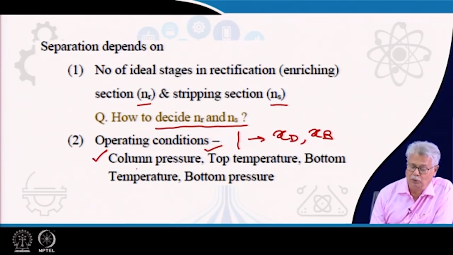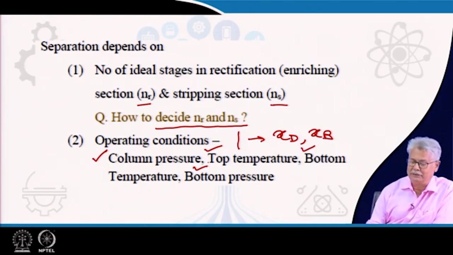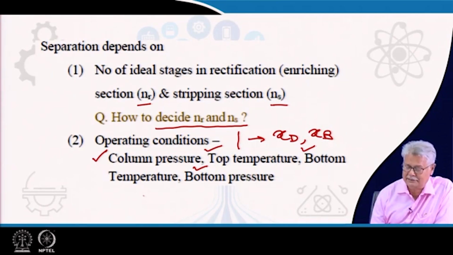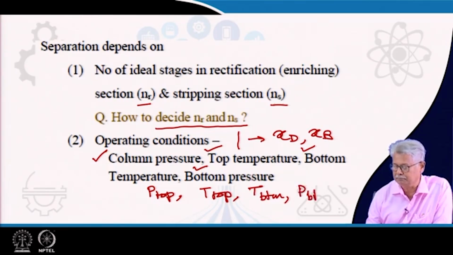You already know that whenever we say column pressure loosely, we really mean the column top pressure, that is the convention. Similarly, the bottom temperature and the bottom pressure are also two very important parameters. So, if I write here symbolically, I will write these as P top, T top, T bottom and perhaps P bottom.